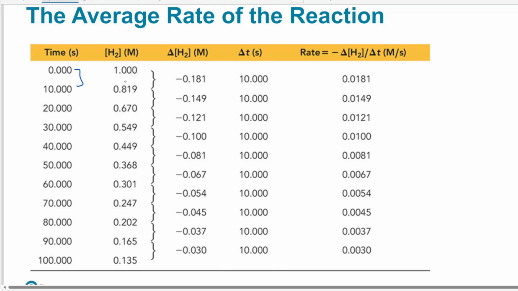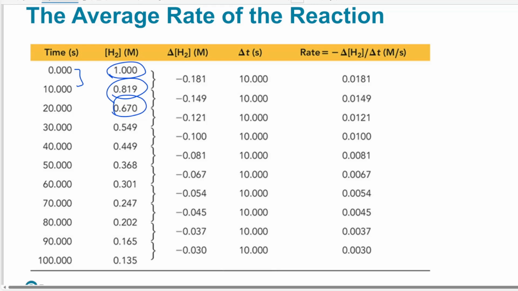At 0 seconds, our initial concentration of H2 is 1 molar. Then at 10 seconds it's 0.819 molar. At 20 seconds it's 0.670 molar. So as we would expect, our starting material concentration is decreasing as the time increases.